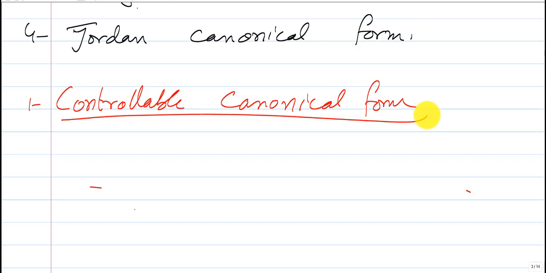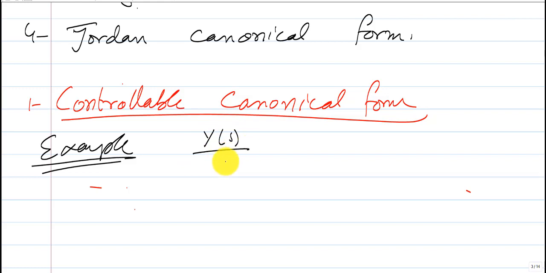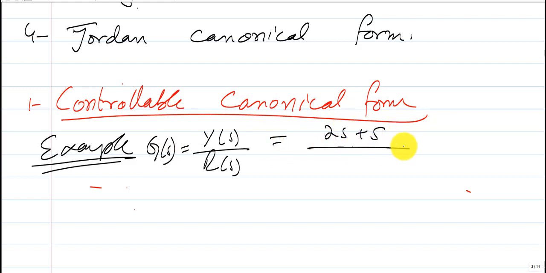How will we obtain the controllable canonical form? Let's understand this by solving an example, so that it will be easier to understand. We are given the transfer function Y(s) over R(s), which is sometimes written as G(s), that is (2s plus 5) over (s square plus 7s plus 10).